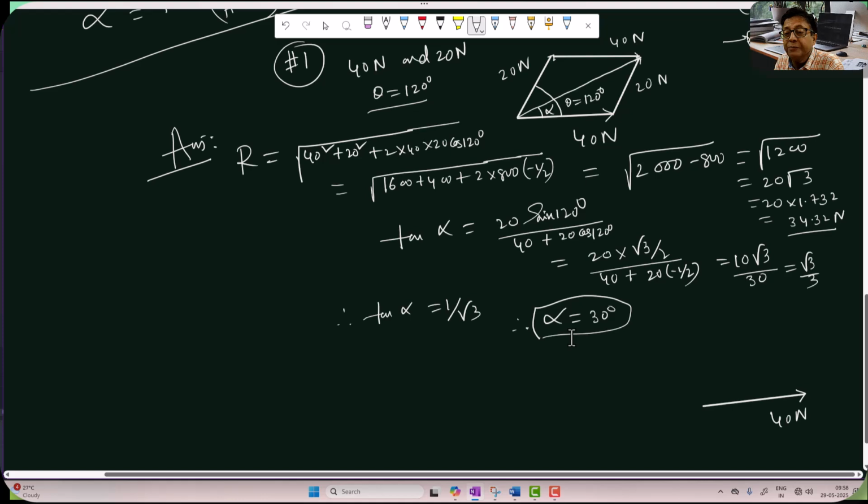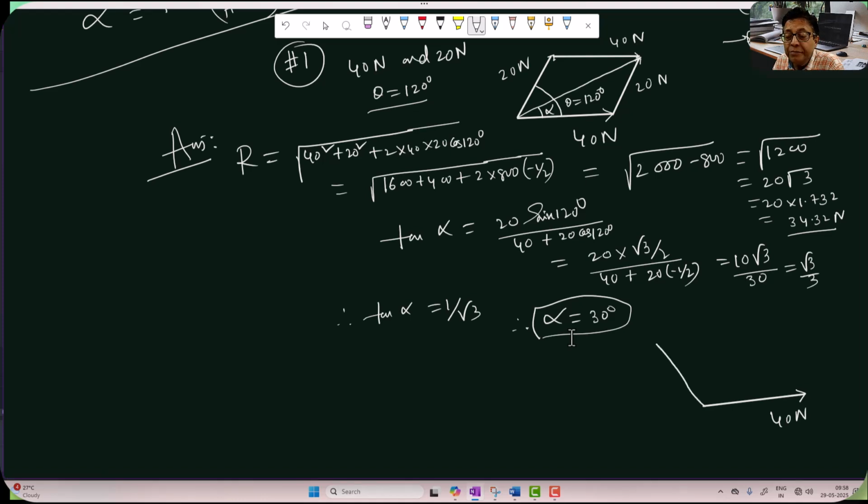Okay, let us solve this problem with the actual diagram. 40 Newton here. This is 20 Newton. This angle we found. How much? 30 degree.